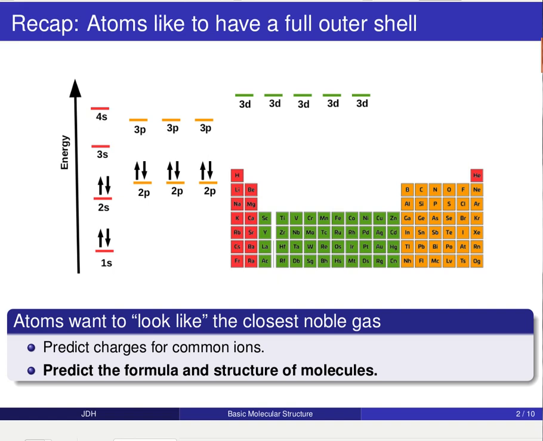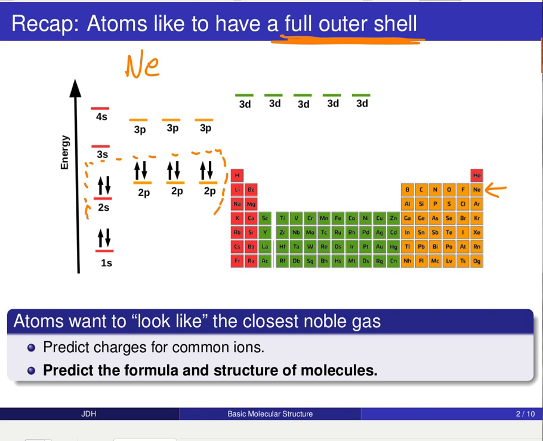Now, to do this, we're going to have to go back to our previous lecture on electron configuration and recall that there's this concept from quantum mechanics that tells us that atoms like to have a full outer shell. So if we look at, for example, the electron configuration of neon, illustrated here in this energy diagram, we see that neon, that second row element, has a full outer shell.